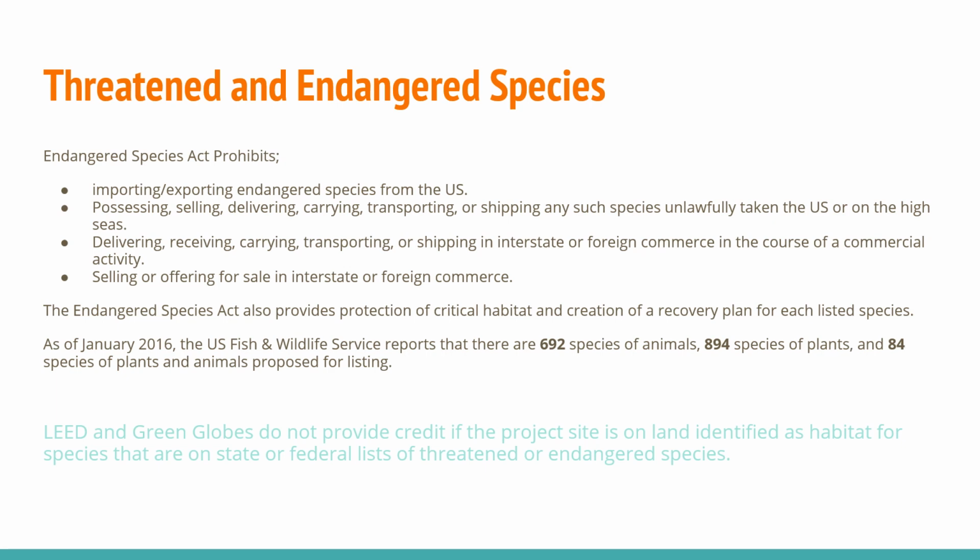It also provides protections for critical habitats and the creation of a recovery plan for each of the species that it lists. As of January 2016, the U.S. Fish and Wildlife Service reported that there are about 692 species of animals, 894 species of plants, and 84 species of plants and animals proposed for listing.